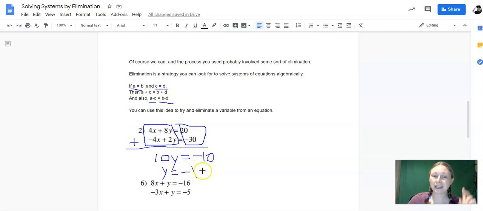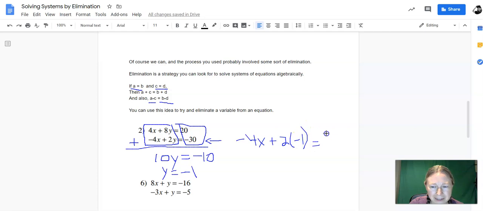We're not done. We take this value for y and plug it into one of the original equations so that we can figure out what x is. So let's plug y into maybe that equation right there. So if we do negative 4x, this is where my handwriting starts getting bad, negative 4x plus 2 times negative 1, we get negative 30.